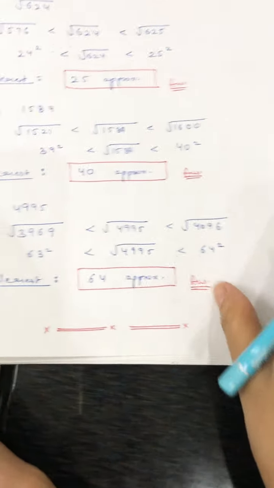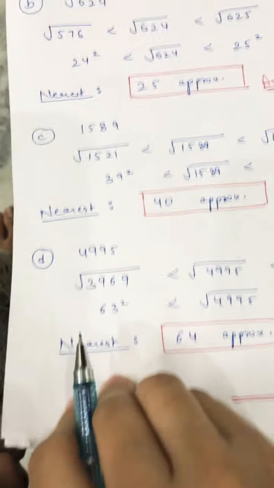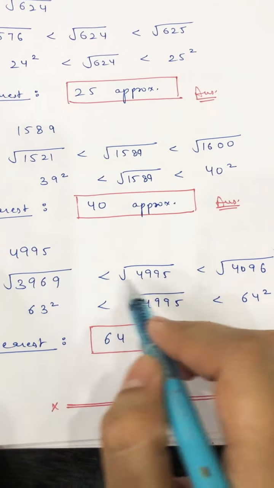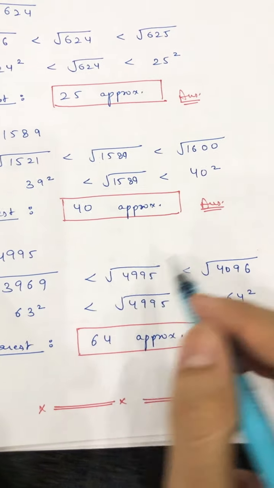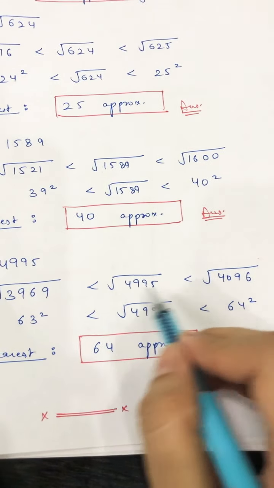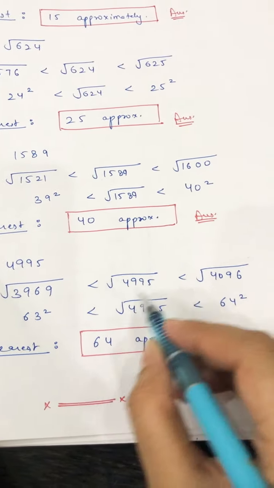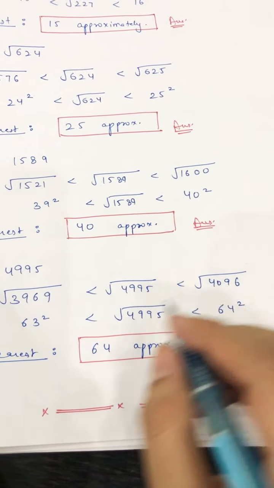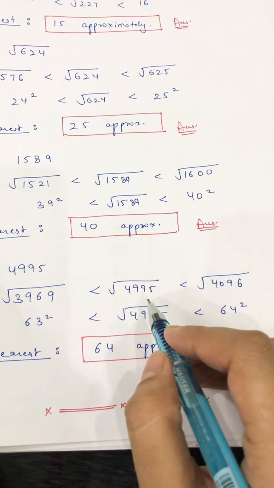The last part is 4995. Write in this way, in the middle you have to write the equation. Now check that this is not a square. You have to check which nearest square is very close to this.